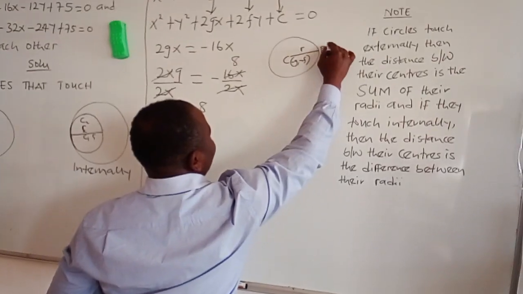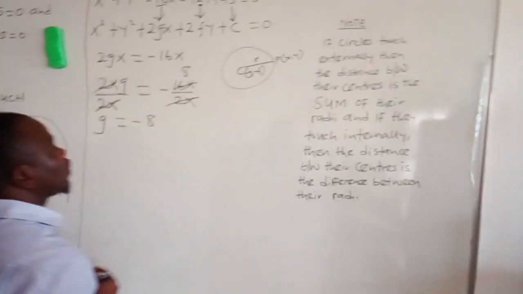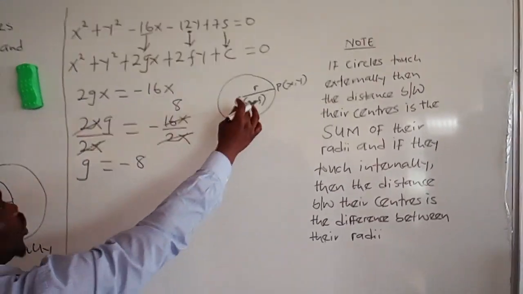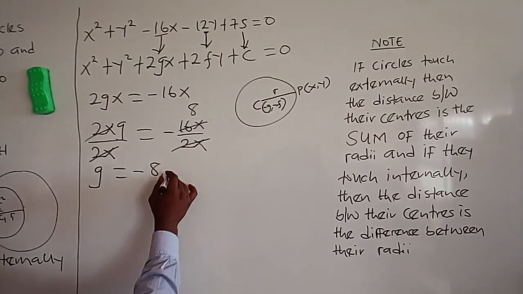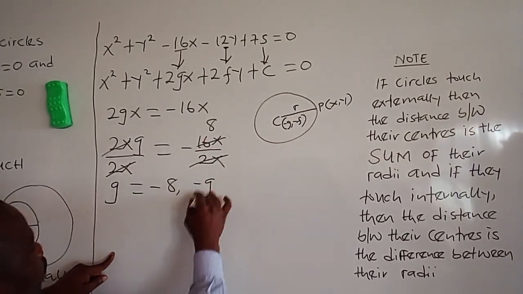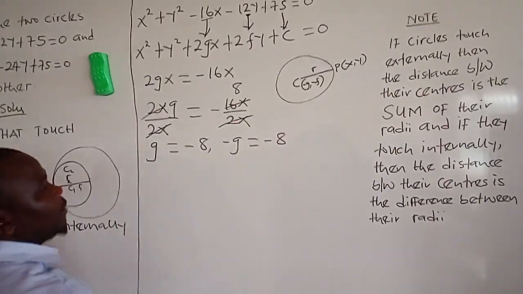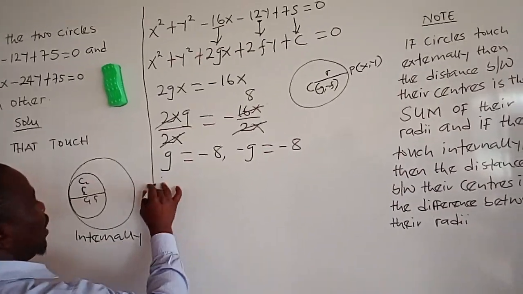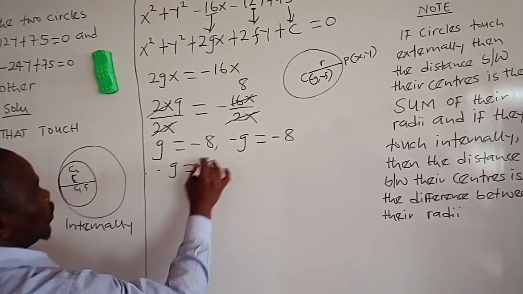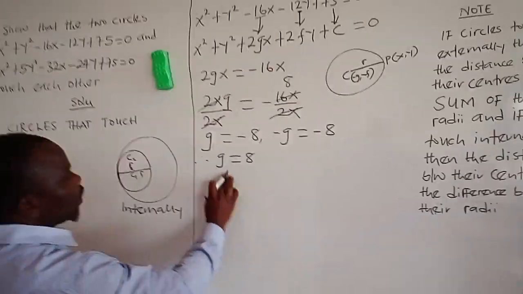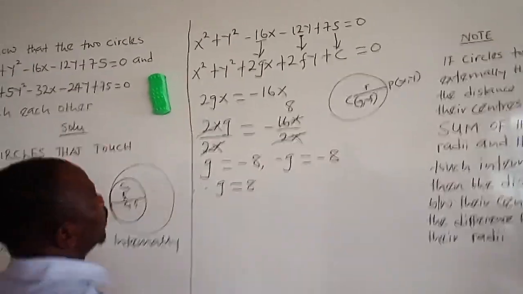Minus, comma y. True or false? In our previous video. So note that g is minus. For that, if g is minus, here is minus 8. You multiply through by the minus sign. It implies that our g is equal to plus 8. True or false? So if you agree with me, our g is equal to plus 8.